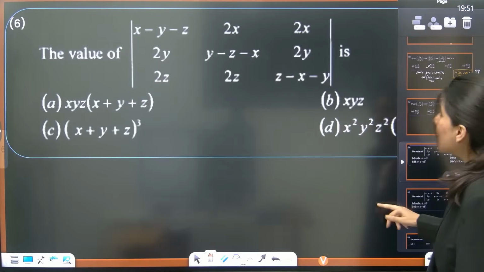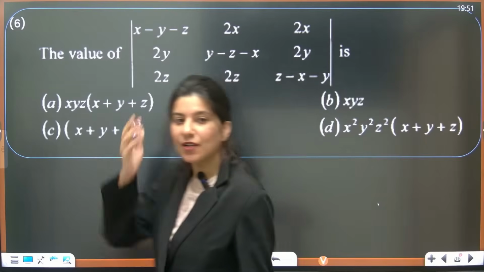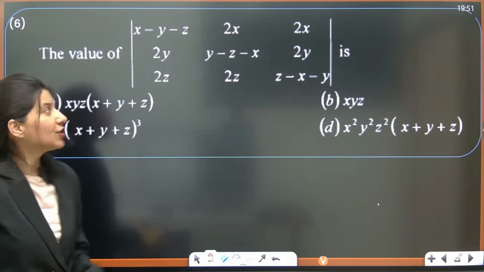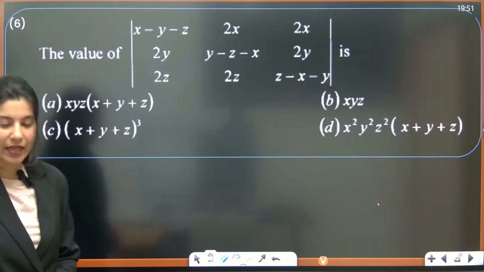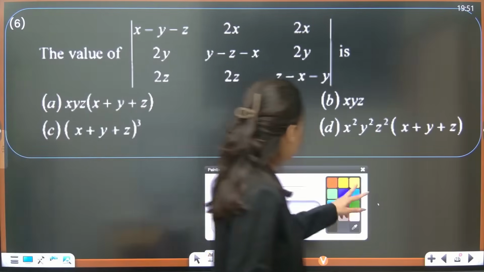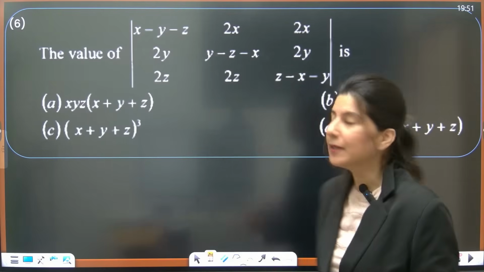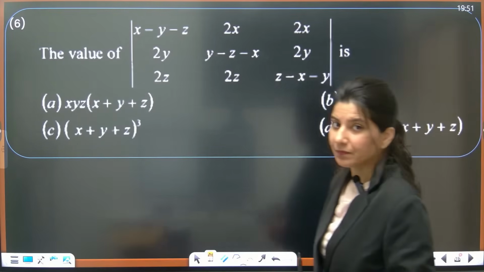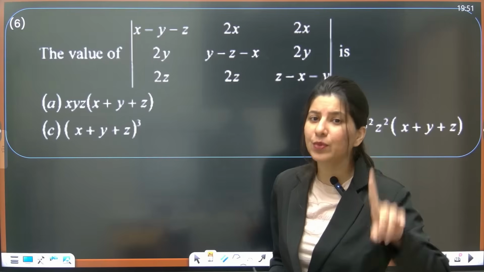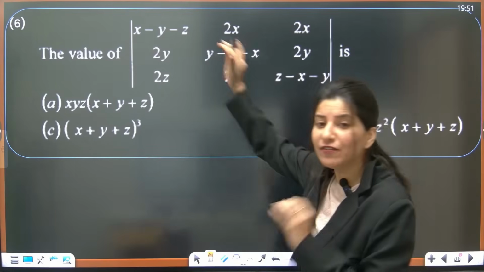Now we are having another question which you can simply see on your screen, which is this determinant problem. Understand this, that this is a very good determinant. One operation I would like to apply in this, the very first moment I see this.